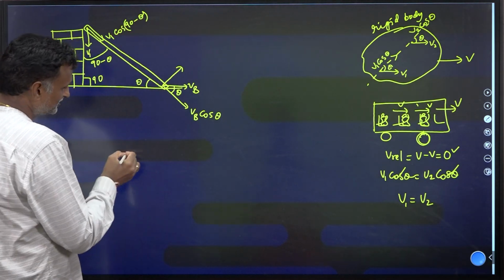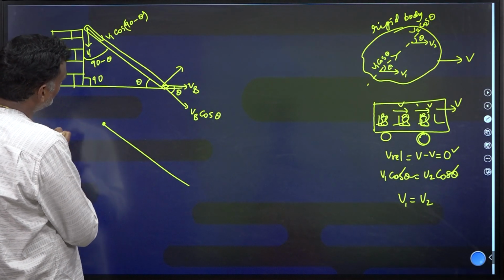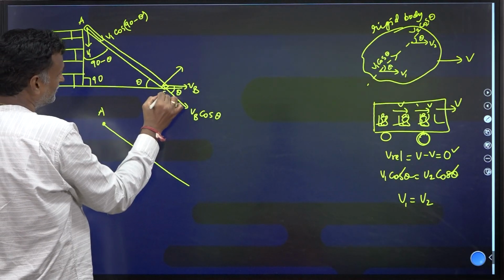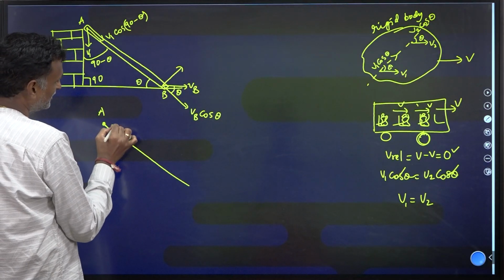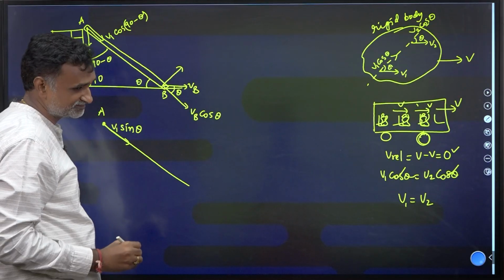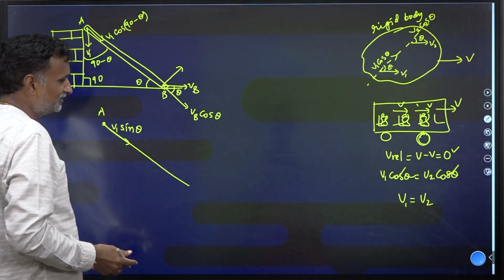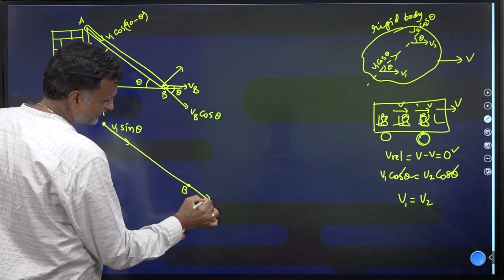You can understand the concept here once again. Suppose this is end A, this is end B. End A velocity is downward. How much do we have? V1 sin theta. Why? Because cos of 90 minus theta, in the first quadrant, becomes sin. So V1 sin theta, and this is the rod, and end B. In this direction how much?